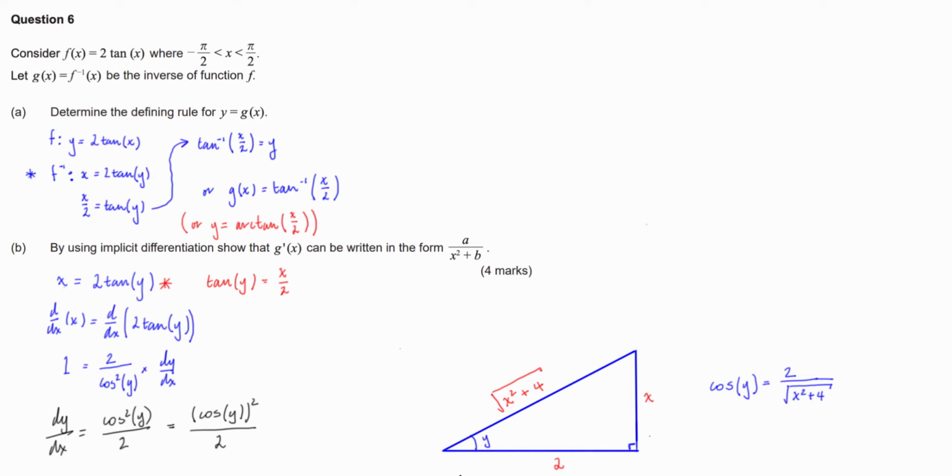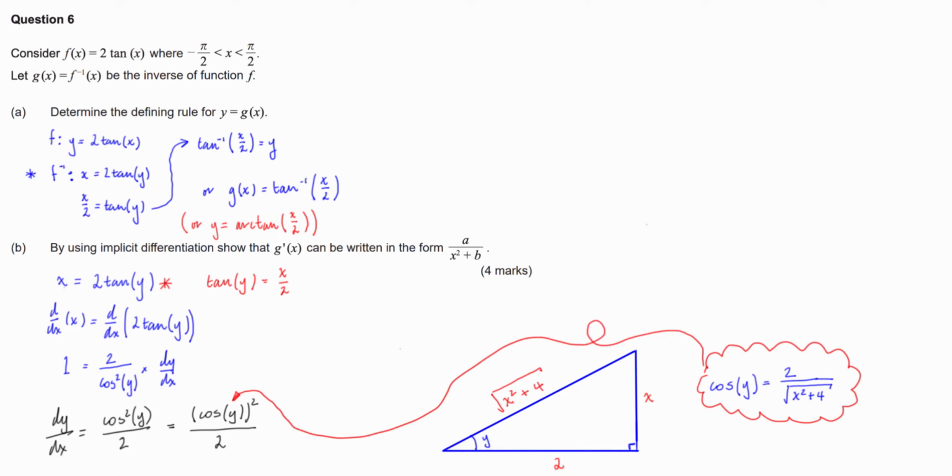Cool. So what we can do from that, guys, is just substitute this, and we're going to get dy dx is equal to, now rather than putting cos y, I'm going to put 2 over the square root of x squared plus 4, and that's all squared, all divided by 2.